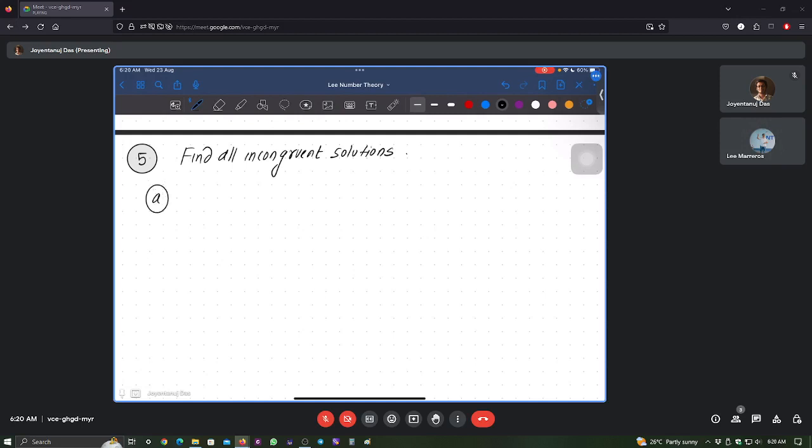The first one is 8x is congruent to 6 modulo 14. So how to do it?